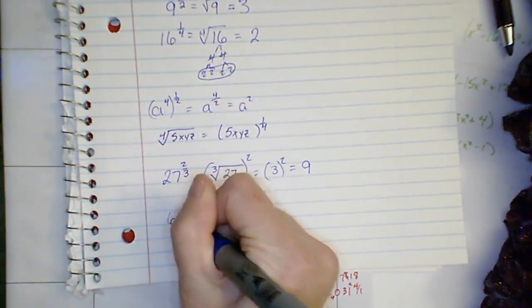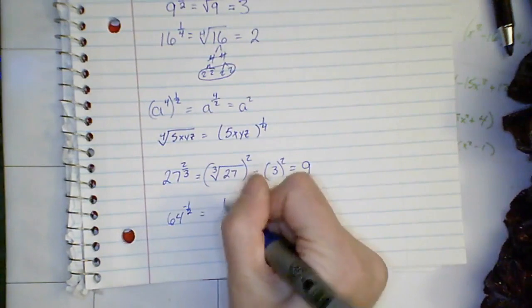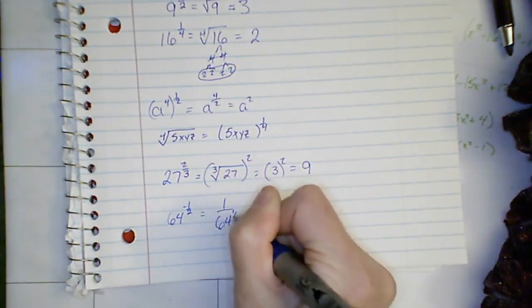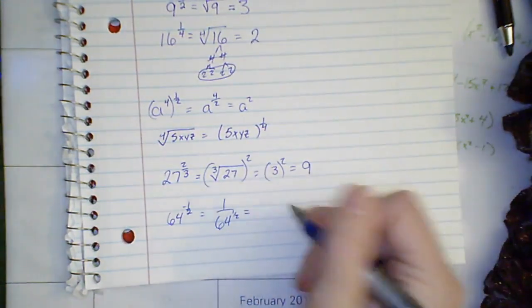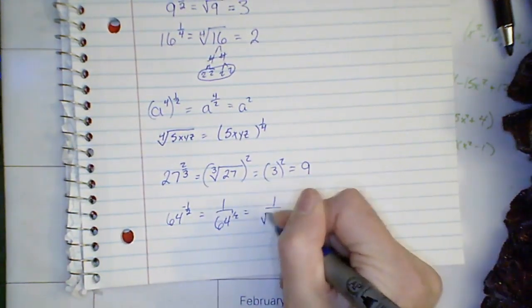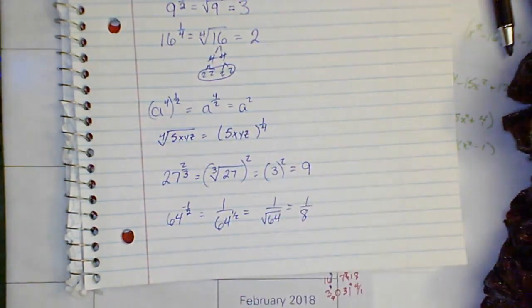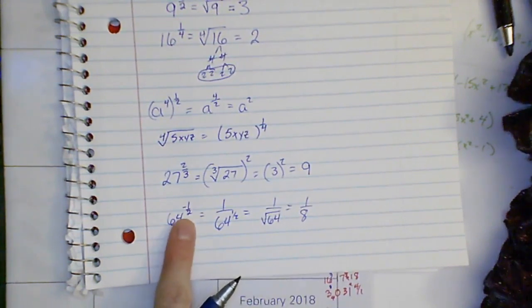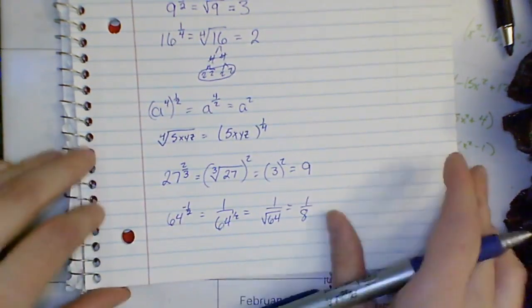Now we have 64 to the negative 1/2 power. Again, to make the exponent positive, you have to bring it downstairs. This is the square root of 64. Well, the square root of 64 is 8. So 64 to the negative 1/2 power is actually 1/8.